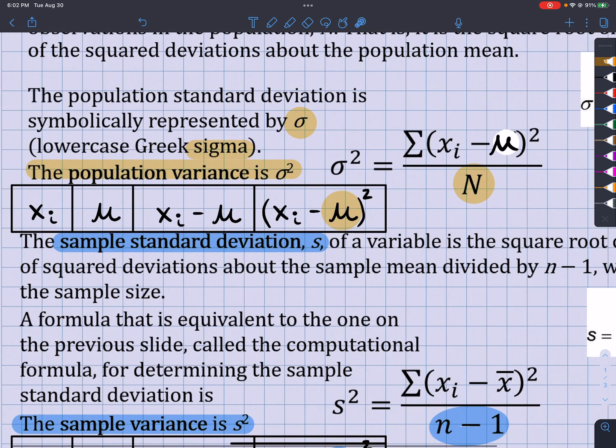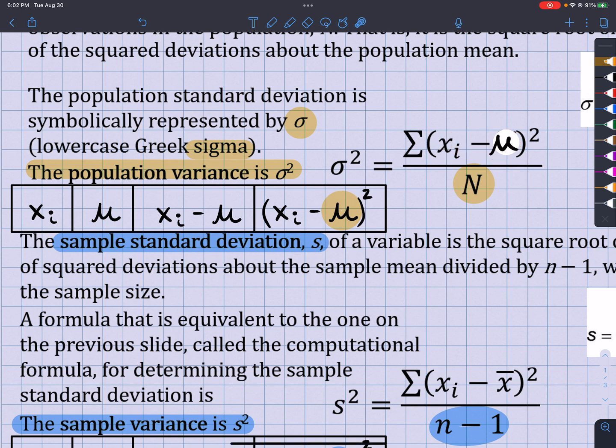That's the reason I have the X sub i, where I list out all of the observations. I would find their mean, and this column is going to literally be the same exact number over and over again. Now I subtract the two columns to get what is inside the parentheses.